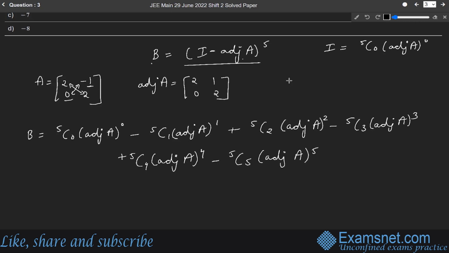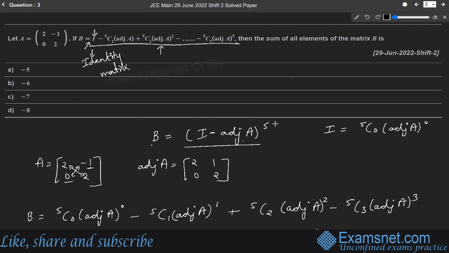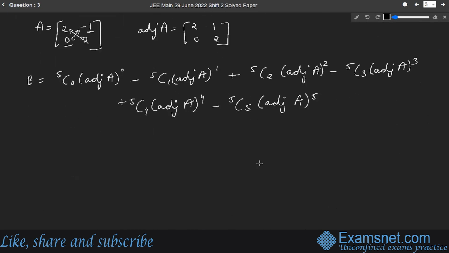So this is the basic expansion, right? It is the same, only in the place of I, we have written 5C0 into adjoint of A power 0, just because it is in the form of an expansion. So we can write B as I minus adjoint of A power 5. It means that B is the expansion of I minus adjoint of A to the power 5.